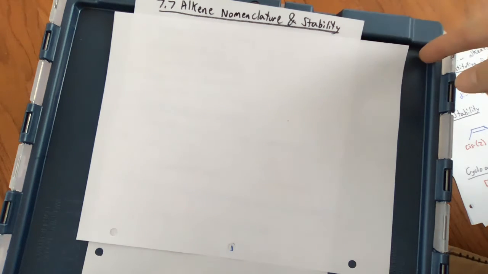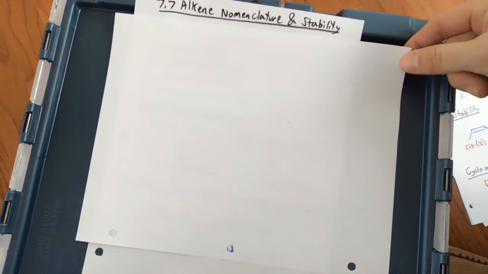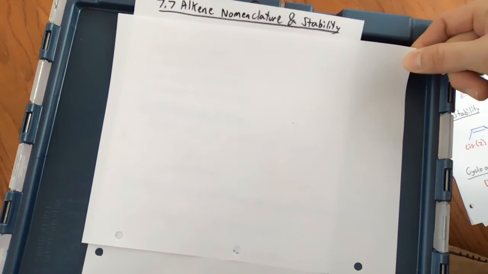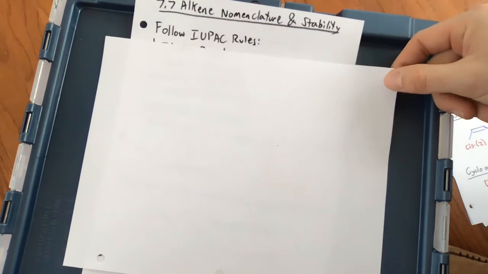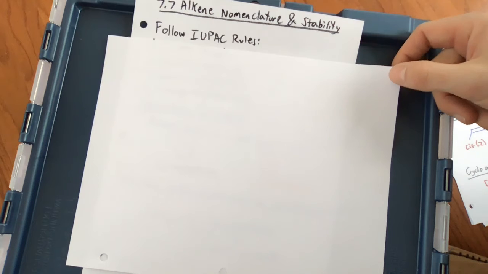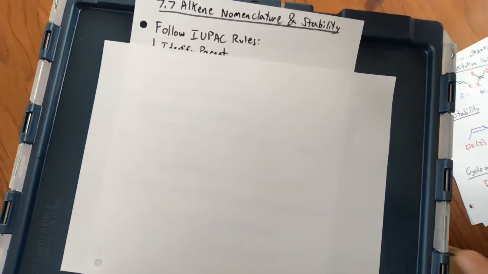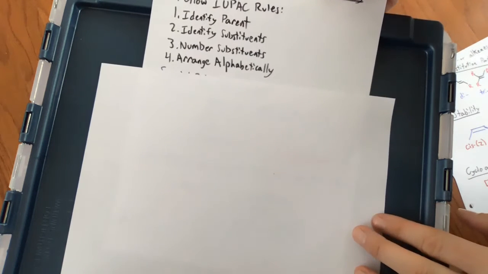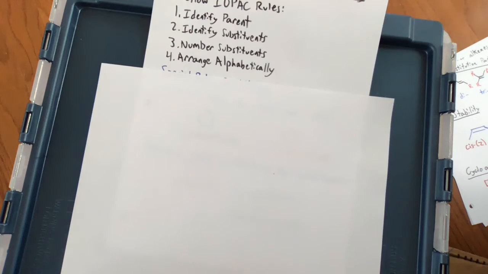Now, the question is, how do we name alkenes? Well, first, we follow the IUPAC rules to start with. And those IUPAC rules, if you remember from Chapter 4 and earlier sections, are to identify the longest parent chain or ring, identify substituents that are on the longest parent chain or ring, to arrange them alphabetically after you do the numbering of those substituents.